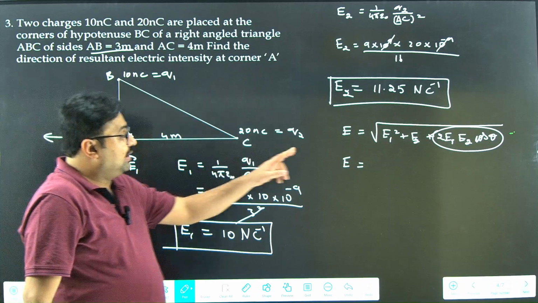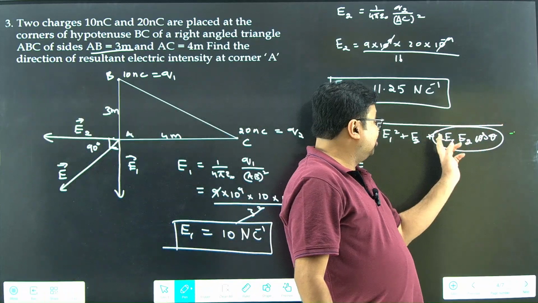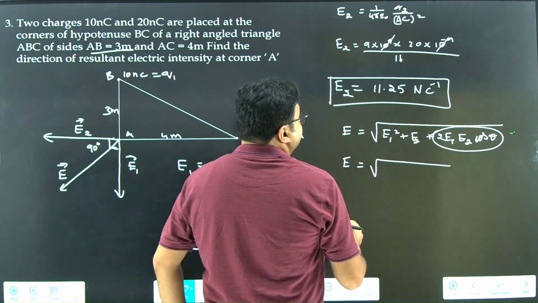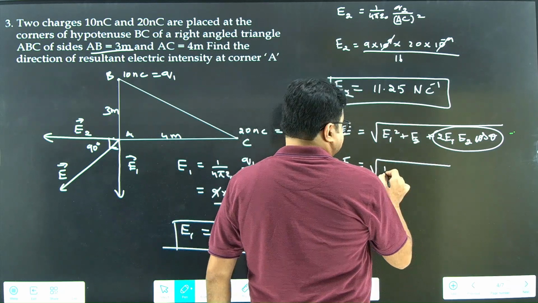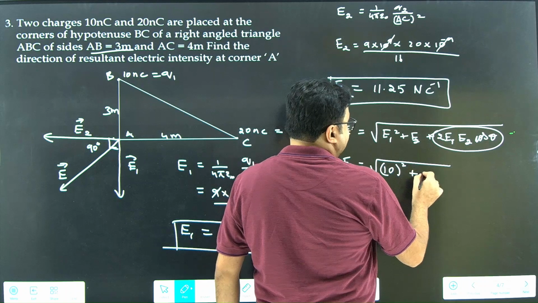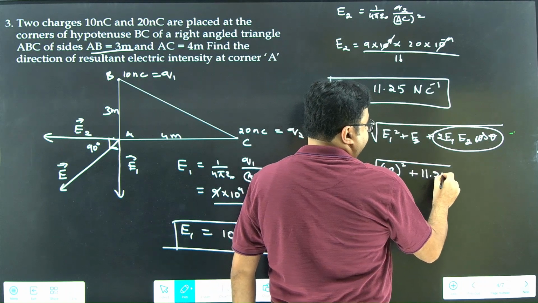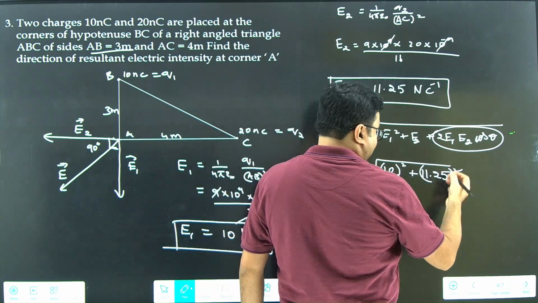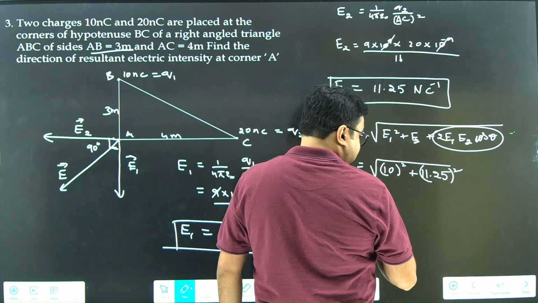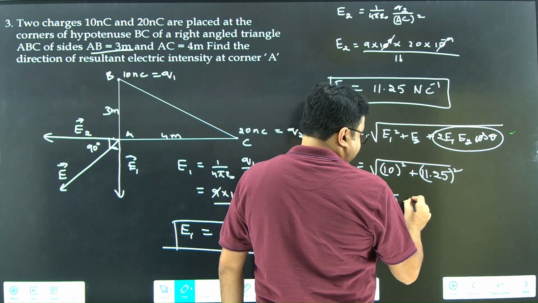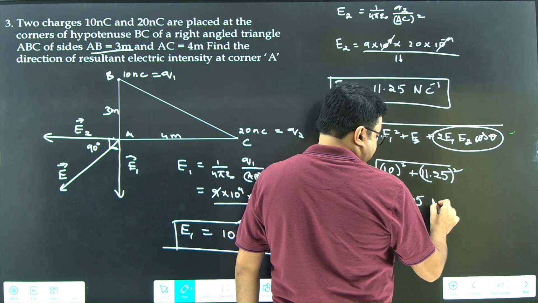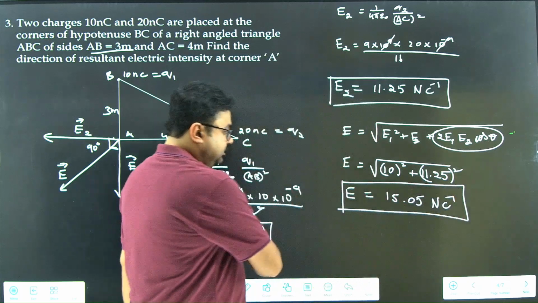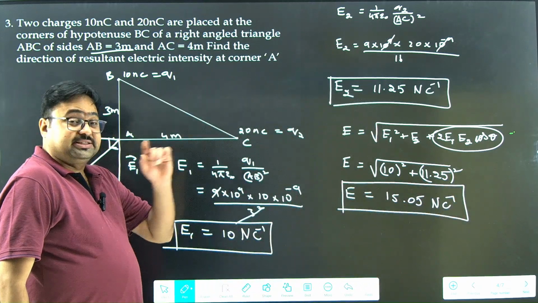E1 and E2 make an angle of 90 degrees, cos 90 is 0, so the whole term, like in the previous case, vanishes. All we have is root of E1 square, E1 is 10 Newton per coulomb, the whole square, plus E2, 11.25 Newton per coulomb, the whole square. So the answer turns out to be 15.05 Newton per coulomb. That's the resultant electric field.